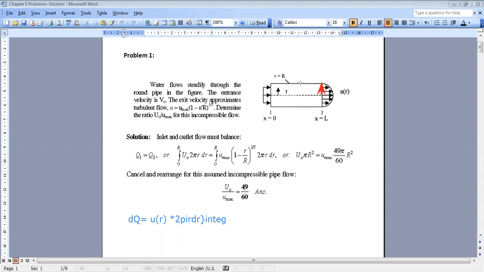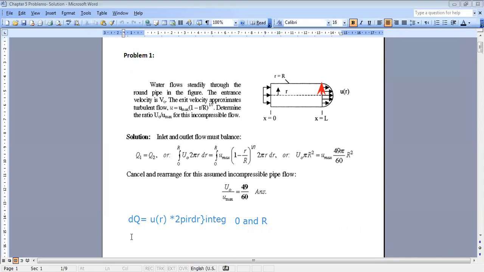So if you want to cover the whole circular area, you should integrate from 0 to big R. So I should integrate this function between 0 and big R. Now all I have to do is to replace the u by its value.